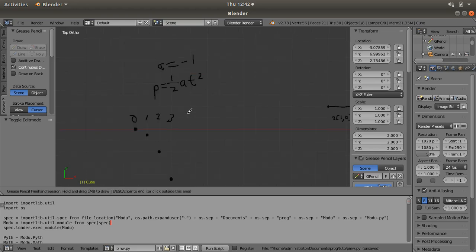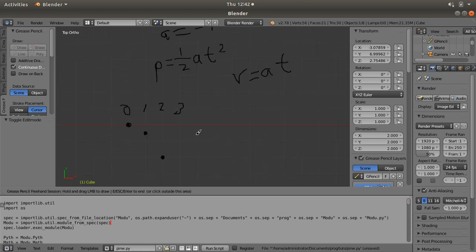So the equation for the velocity of this object is the derivative of the position. So the derivative of this function is equal to velocity, which is at. So at point 0, here velocity is 0, time is 0, acceleration is -1.